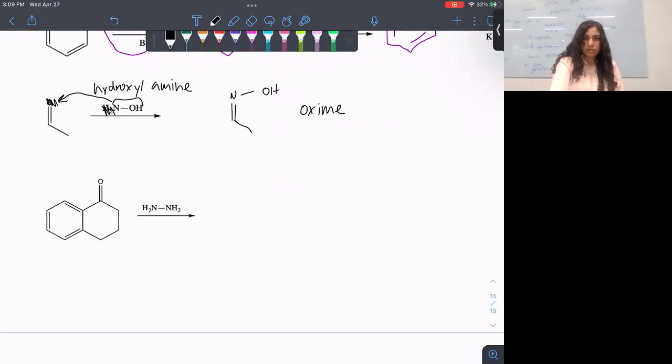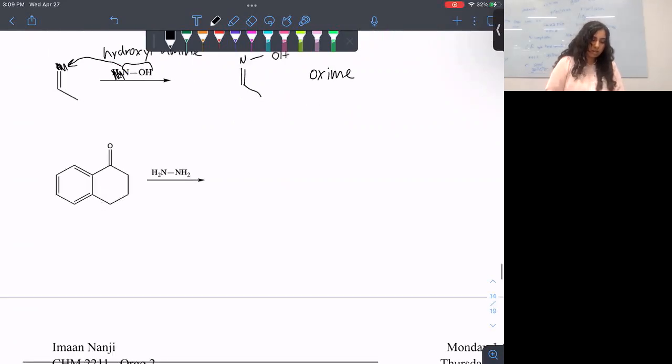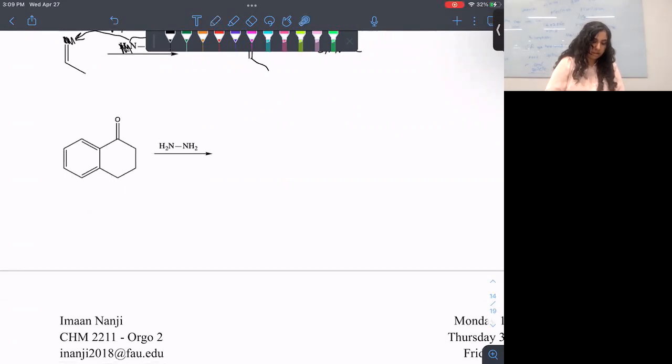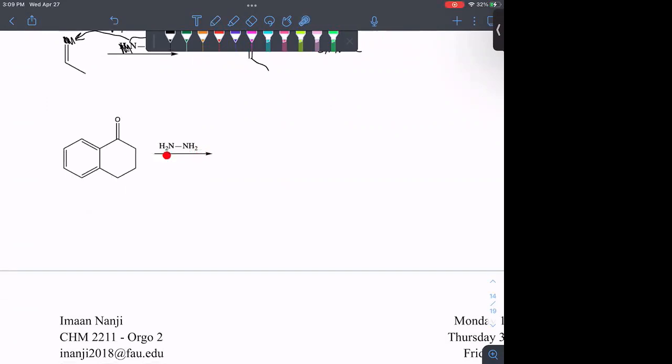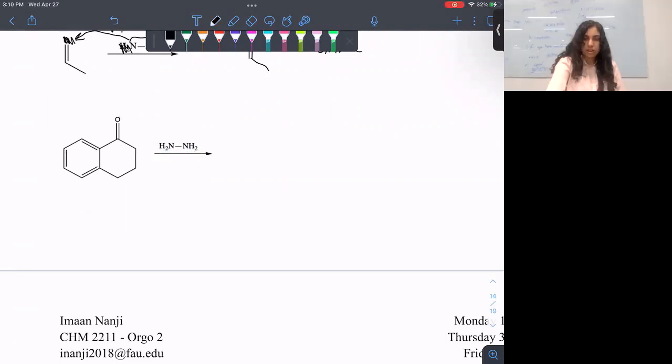And then next you got a ketone again, but in this case, we're giving it this H2N NH2. So the H2N NH2, if you remember, is called a hydrazine. So when you give a ketone or aldehyde hydrazine, they react together and form a hydrazone.